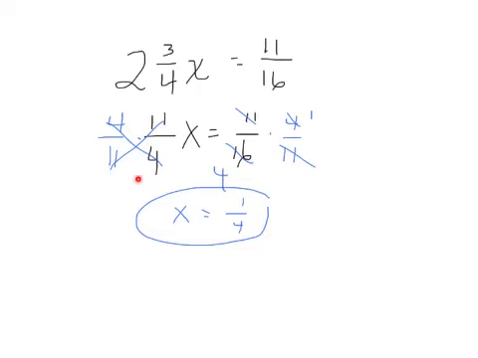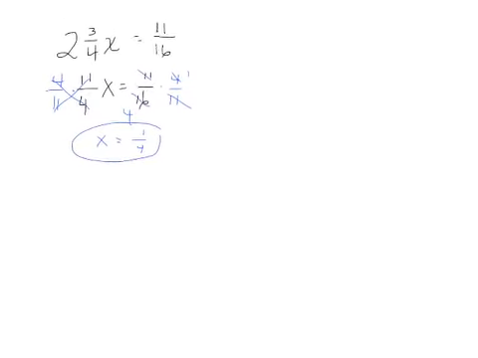Instead of going through and saying dividing by 11/4, which is completely understandable, one way to get around that is to do something called multiplying by the reciprocal. So if I have 11/4, I'm going to flip that fraction. It becomes 4/11. Whatever I do to one side, I am going to do to the other side. So what ends up happening is the 4's cancel, the 11's cancel. So what that does is that removes this part from the equation completely, leaving you with just the x by itself, and it works over on the other side.